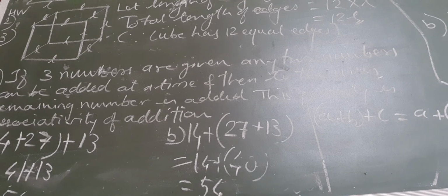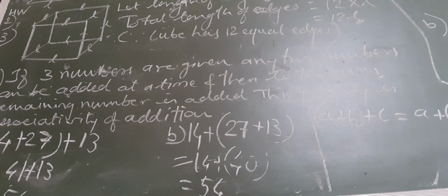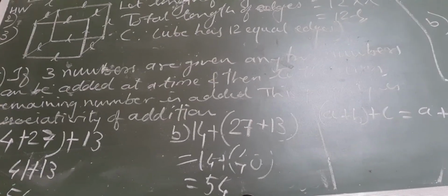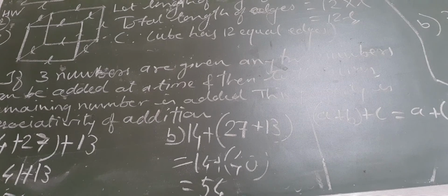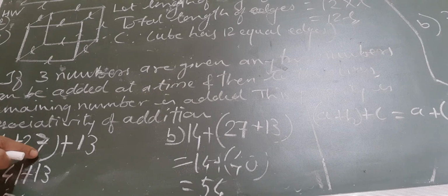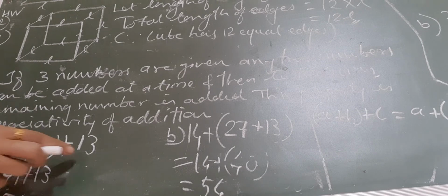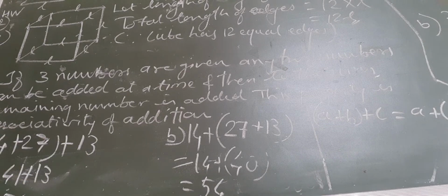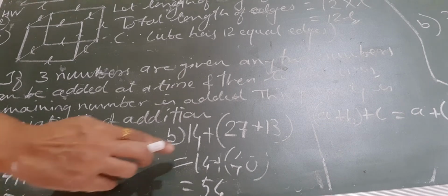Now in question number 5, 3 numbers are given to us and we are asked to add them. If any 3 numbers are given, we do not do the operation on all 3 simultaneously. We add any 2 first and then add the remaining third to the sum. We have done it in different ways. First we added 14 plus 27, and then to this sum 13 is added. We got the result 54.